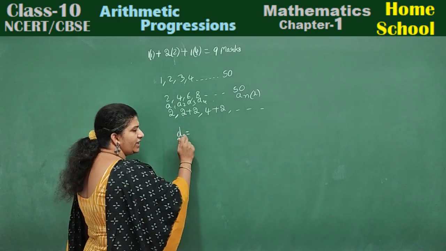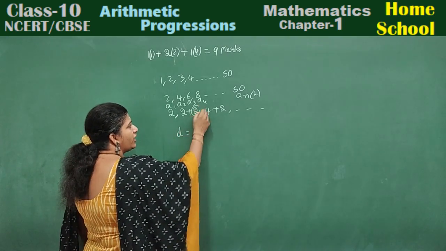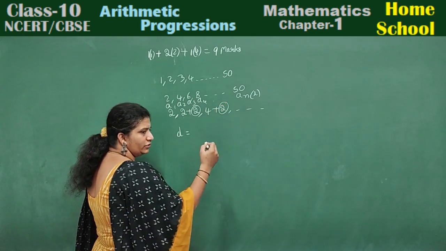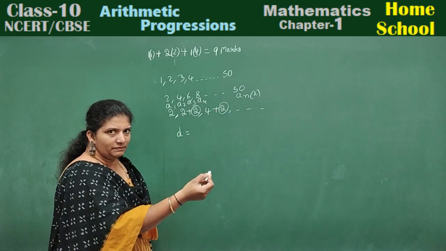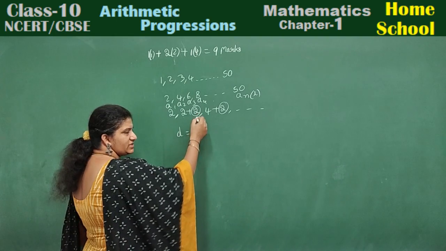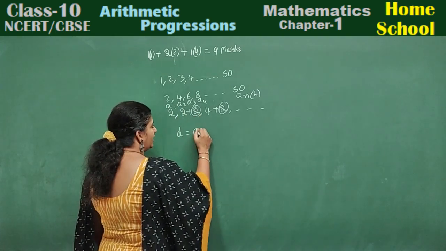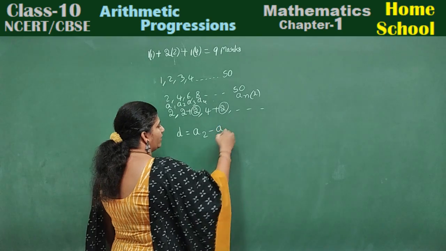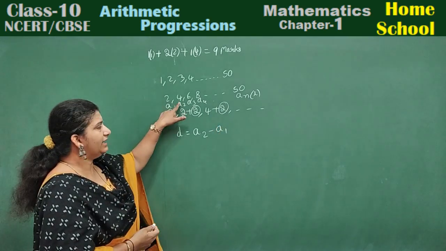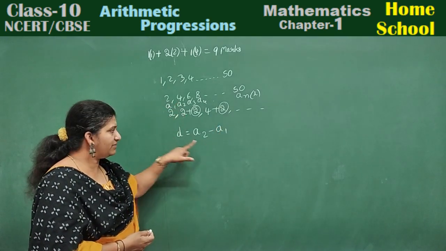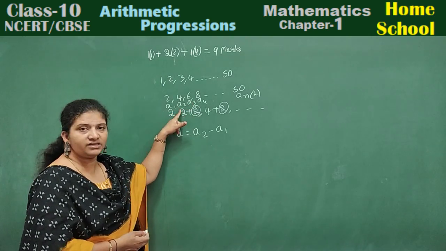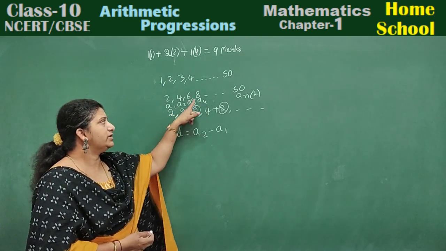And d, how do we get the common difference? What you are adding to every term to get the succeeding term, that is called the common difference. In other words, d is equal to a2 minus a1. Second term minus first term will be the same as third term minus second term, and fourth term minus third term.